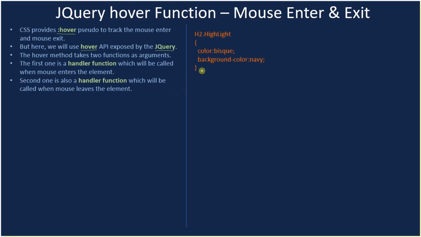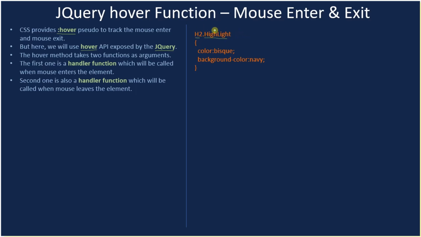So here, if you see, we are using the highlight rule, and this rule can be applied only to H2. So here H2 defines the tag name, and .highlight tells that any H2 element that contains the class attribute highlight.